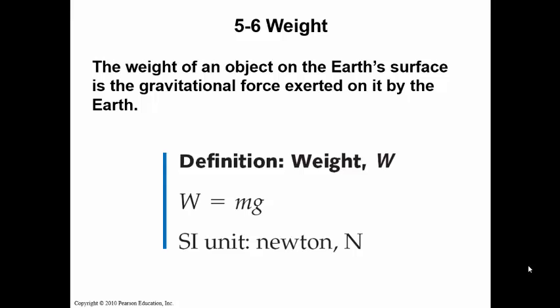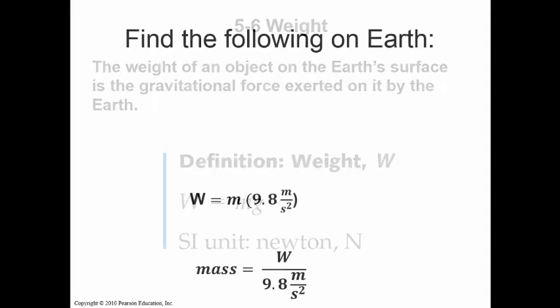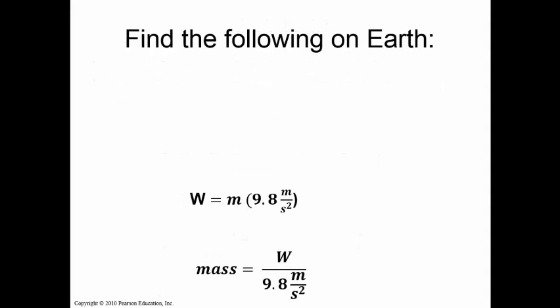It is a force, so it's F equals ma, but a is gravity, 9.8 meters per second squared. So weight, W, is equal to mass times gravity and is measured in newtons. If we want to find the weight on Earth, we take the mass times 9.8 meters per second squared.